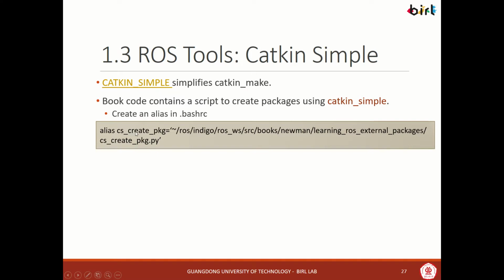We will want to use a command like cs_create_pkg for catkin simple, and we need to provide the path of a Python script that would be probably in this location, in quotes: tilde or username, folder path, ROS Indigo, ROS workspace, and my source folder, in my case, books, Newman, which you probably don't have, and then just learning ROS, external packages, cs_create_pkg.py.